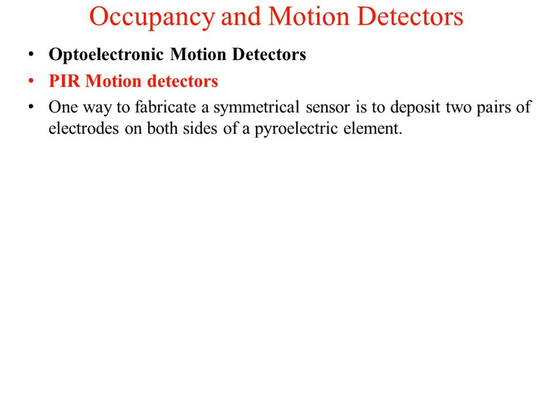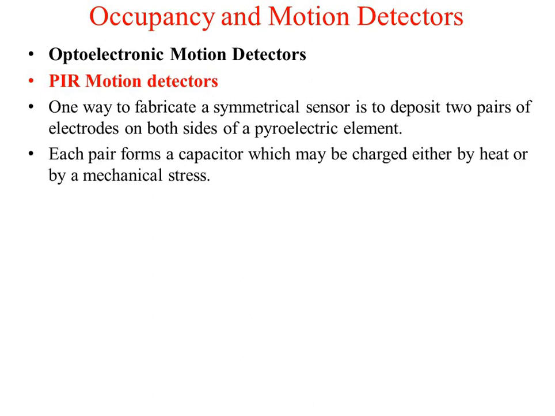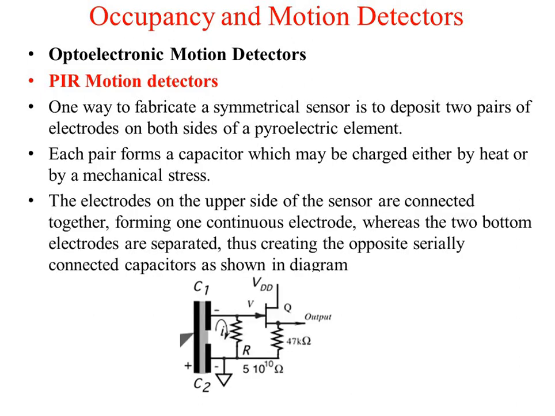So one way to fabricate the symmetrical sensor is to deposit two pairs of electrodes on both sides, as we have seen. Each pair will form a capacitor, because one electrode is there, and the second electrode will act as capacitor 1, and another electrode will act as capacitor 2. Capacitor 1 and capacitor 2 are in series with each other, just like this one.